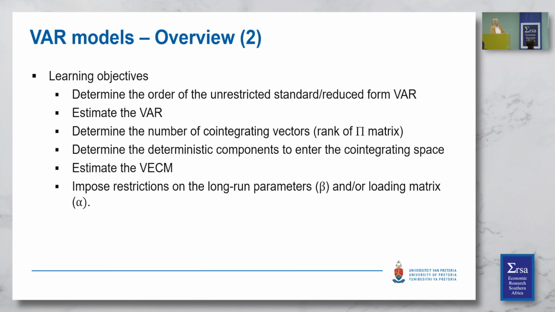And then now we have to do that action of imposing restrictions. Similar to a structural VAR, we have to use economic theory to impose these restrictions so that we can extract the economic relationships there.